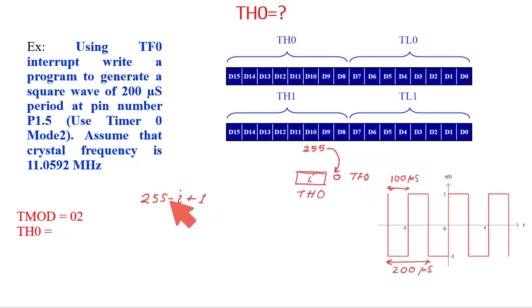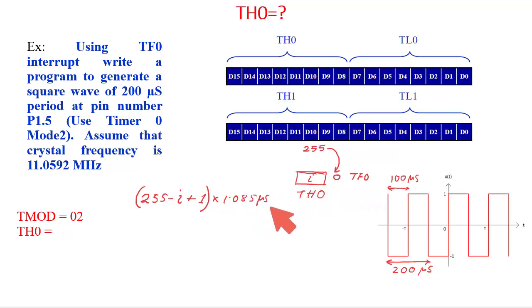Now one machine cycle needs 1.085 microseconds. This is the total time elapsed by TH0 to get an interrupt.